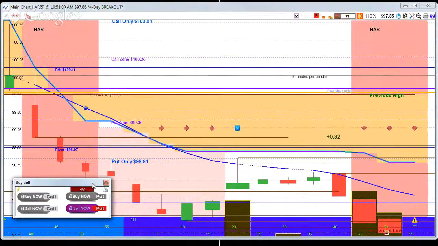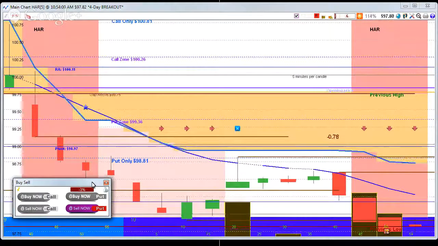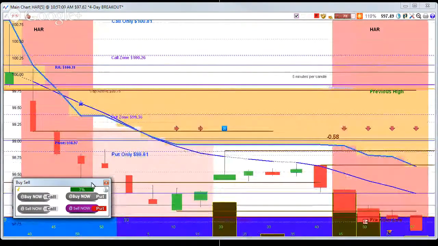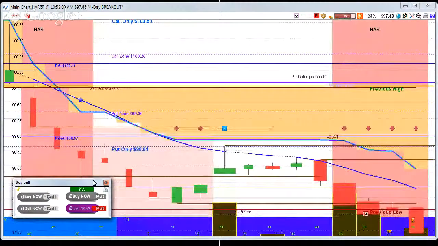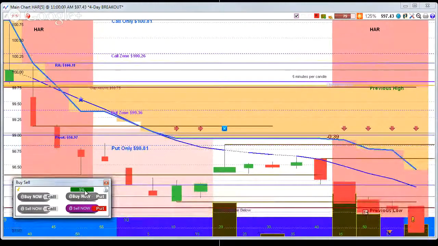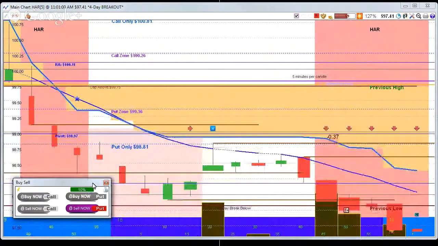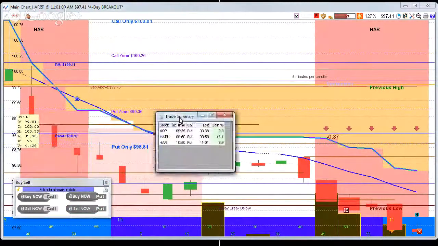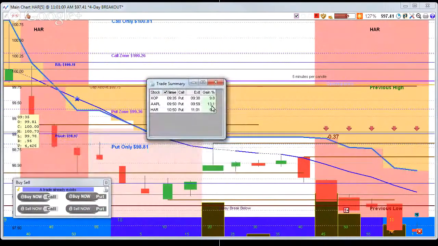Now this one took a little longer. It took 11 minutes. We like to make it in 10 minutes, but as you can see, it was right there at 9% and hovering, and then finally 10% at 11:01. So it took us 11 minutes. And here's the summary: 9.8, 9.9, 13%. Anything close to 10 is good for me.